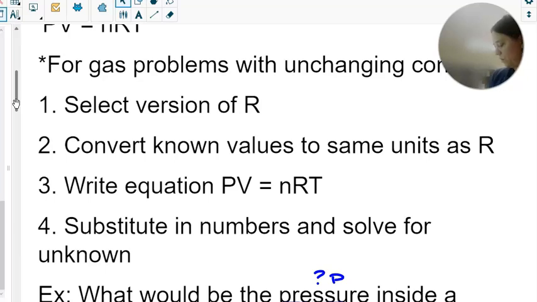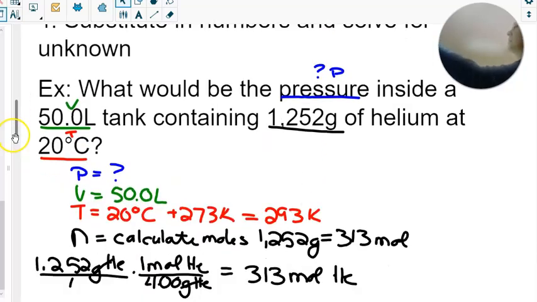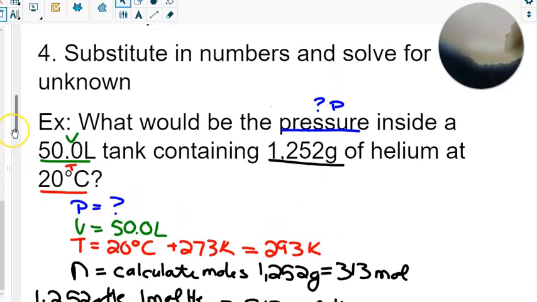There's another R, which is 8.3145, which is pascals per cubic meter over moles Kelvin. So let's see. Well, we don't know our pressure, what it is, but our volume is in liters. So we'll have to use the one that's 0.08206.